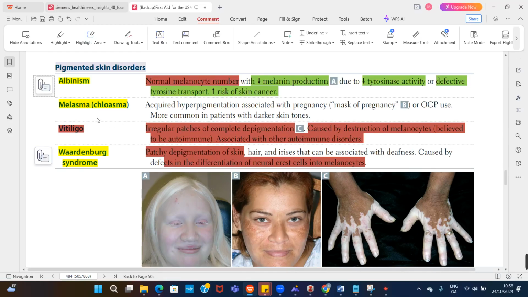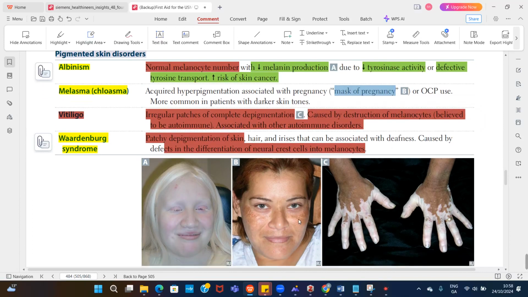The next one is melasma or chloasma. This one is very common in people that are pregnant, and it's also called mask of pregnancy. Mask. We don't wear mask on the leg. We don't wear mask in the belly. We wear mask on our face. So that means that the lesions particular to melasma or chloasma are present on the face. And what we have here is not hypopigmentation, but rather hyperpigmentation.